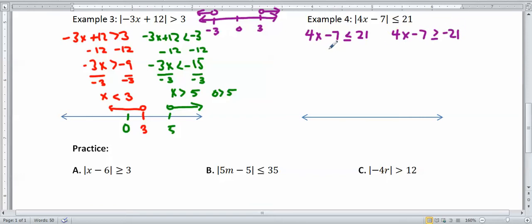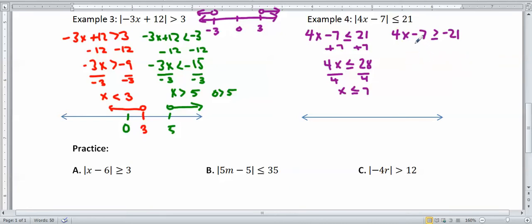Okay. So if you've got that set up correctly, you solve for x. So plus 7 to both sides. 4x is less than or equal to 28, and then divide both sides by 4. So what you should have gotten was x is less than or equal to 7.